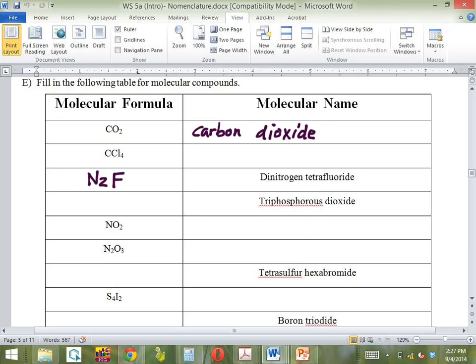There's no FL on the periodic table. Always get somebody doing that. And tetra means 4. So N2F4. And sometimes these formulas or names look strange to us. That doesn't mean they're wrong. You know, maybe you want to question it, but it doesn't automatically mean it's wrong.